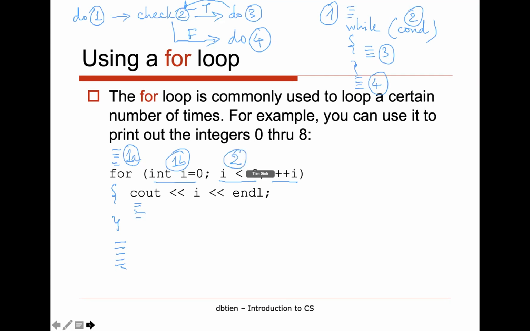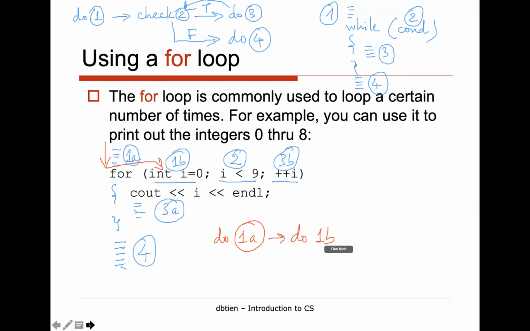This one is 3A, and this one is 3B, and this one is 4. So look at the way the for loop works. It goes top down here. It will do 1A first, and then it goes into the for loop here. I will do 1B.